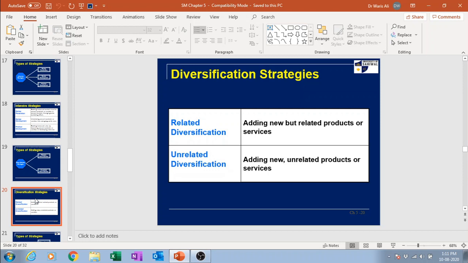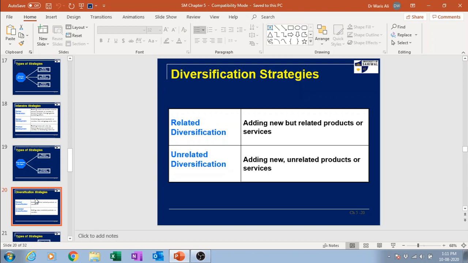We plan to offer a degree in medicine, MBBS. Again, teaching profession. So somehow related, but slightly different product. So related diversification. For example, if the University of Saival decides to set up a cement plant, cement is a different product, and it has nothing to do with the teaching business.